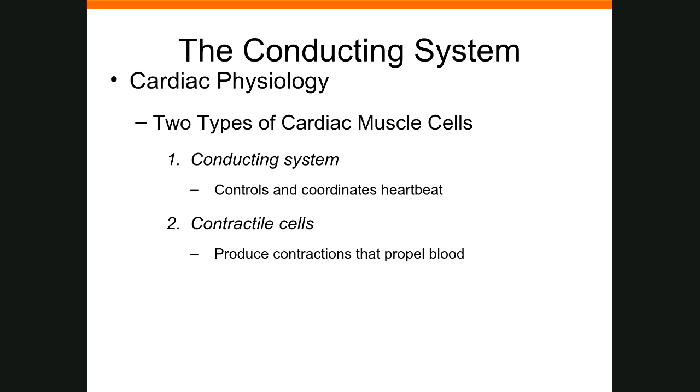So we have two types of cardiac muscle cells. We have the conduction system that controls and coordinates the heartbeats, and we have the contractile cells that produce contractions that propel the blood. Before I go any further, I want you to remember the excitation-contraction coupling. As soon as calcium binds to troponin, it causes the filaments to slide.